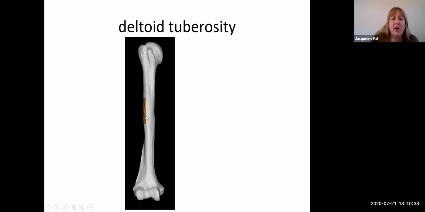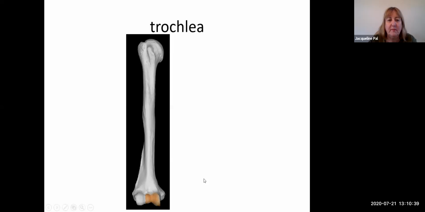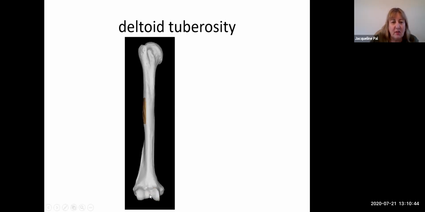After that, we're going to travel all the way to the distal end of the humerus, where we have those knuckles. When we look at the distal end on this picture, what you will notice is it looks like there are three parts to it. In reality, it's really only two.